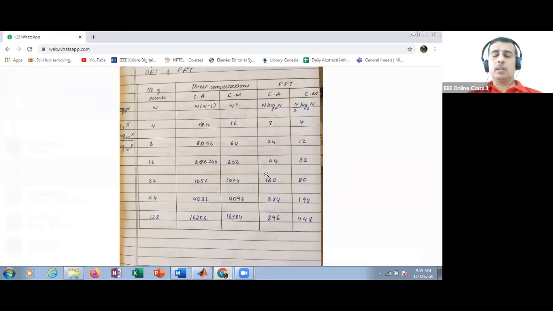That is the first stage of decimation. In the second stage, I again divide those 4 samples into even and odd. Finally I get 2-point DFTs, which are once again divided into even and odd. Thus I obtain the 3 stages of decimation.